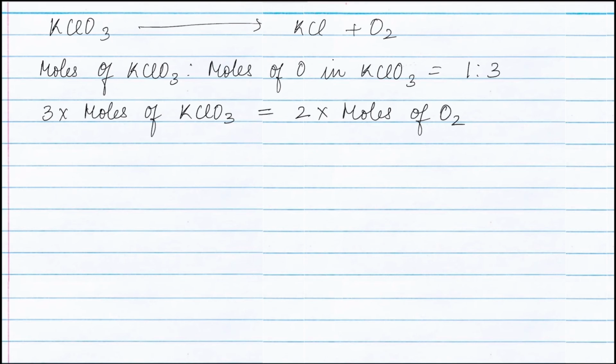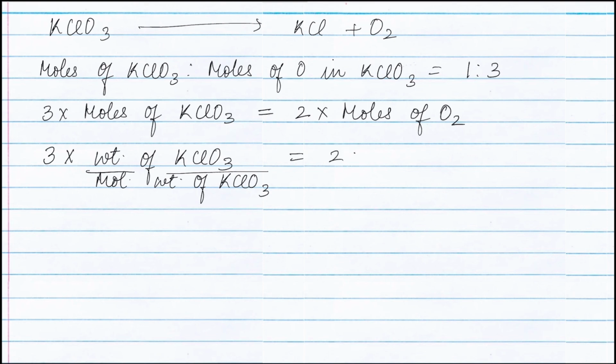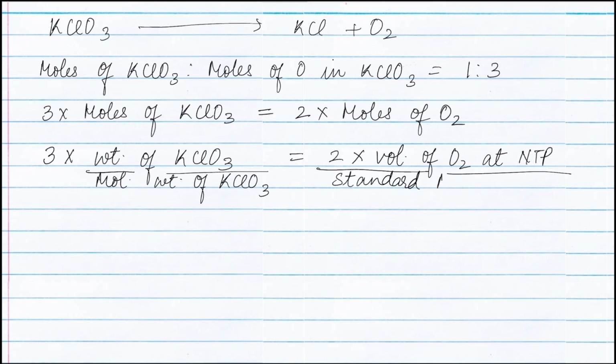Now writing the formula for moles of KClO3 and moles of oxygen gas: 3 into weight of KClO3 divided by molecular weight of KClO3 is equal to 2 into, since oxygen is a gas, volume of oxygen at NTP divided by standard molar volume.